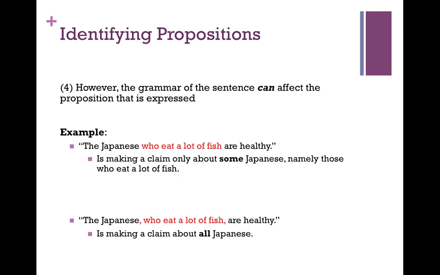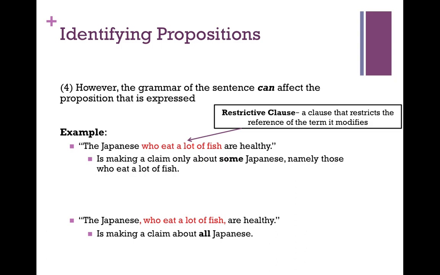Now, the second sentence up here is saying the Japanese, who eat a lot of fish, are healthy. And this is making a claim about all Japanese. It's saying all Japanese eat a lot of fish and all Japanese people are healthy. The grammar here is really important to pay attention to because it affects the proposition that's being expressed.